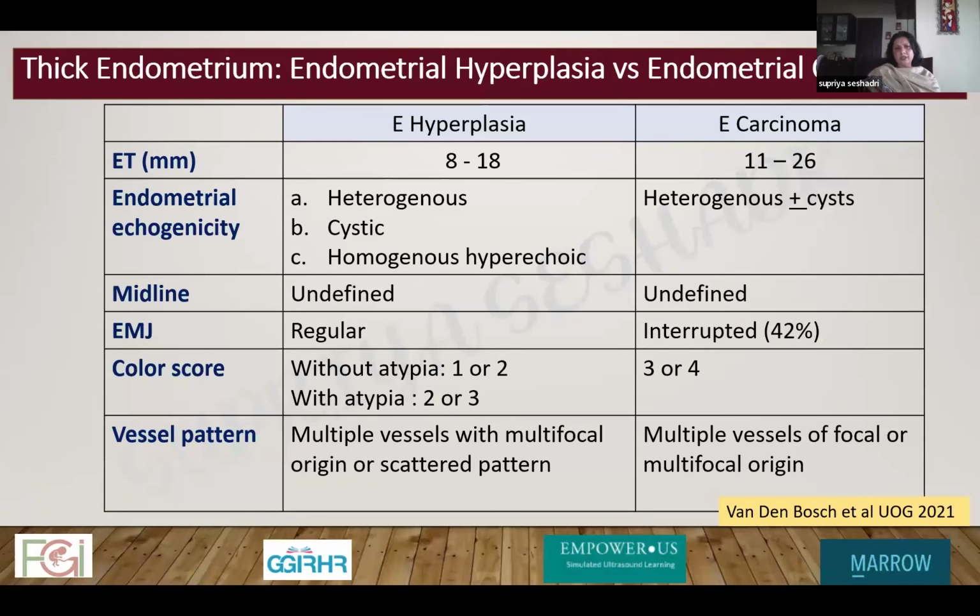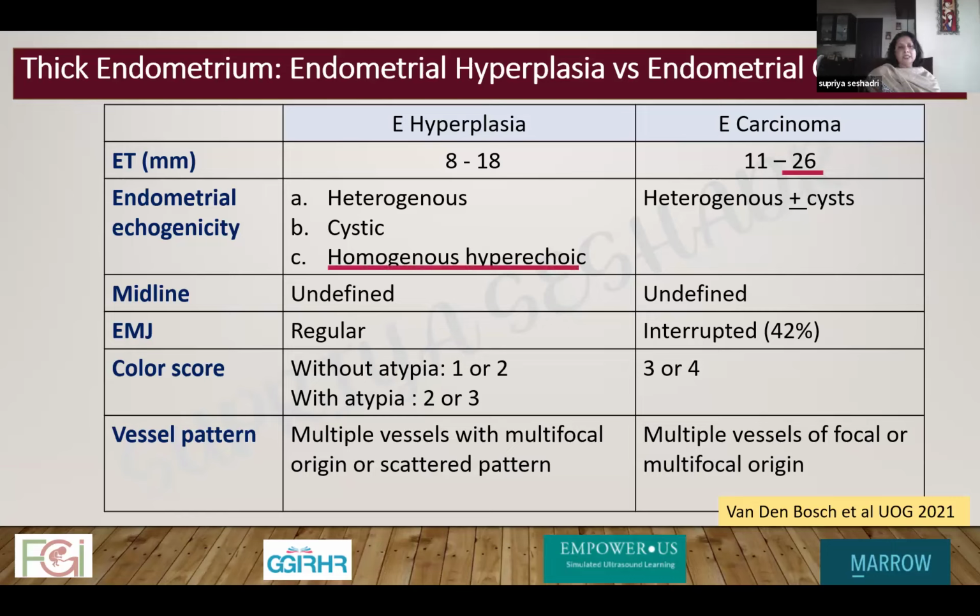So how would we be able to tell on ultrasound whether this is hyperplasia or carcinoma? Actually, we can just say likely, because ultimately this is a histological diagnosis. Likely hyperplasia is when we look at the thickness; with increased thickness, almost going up to 20 and more, it's carcinoma.